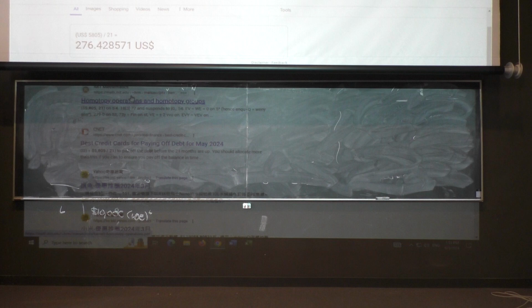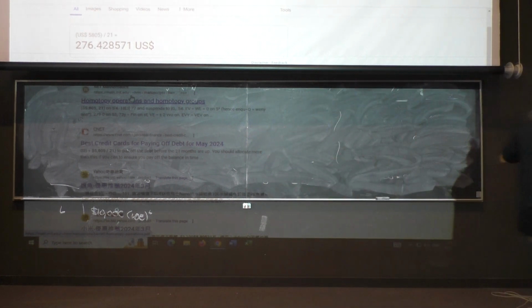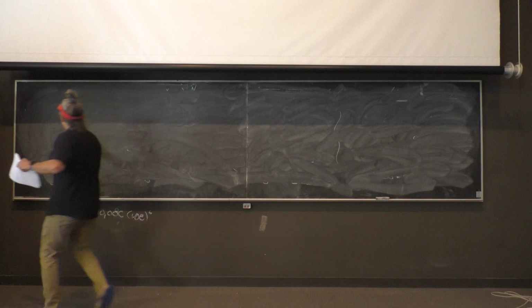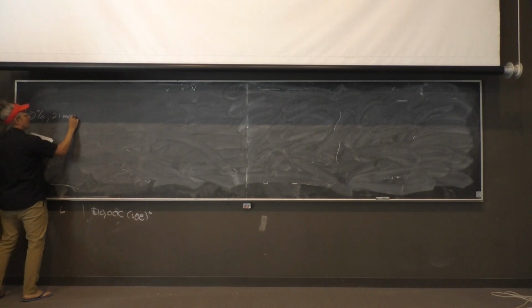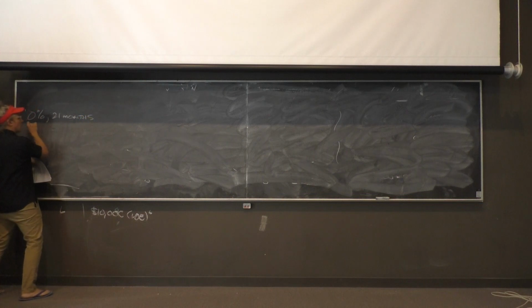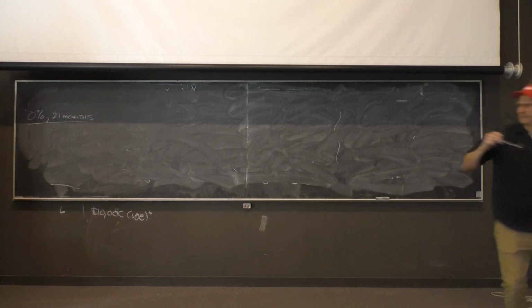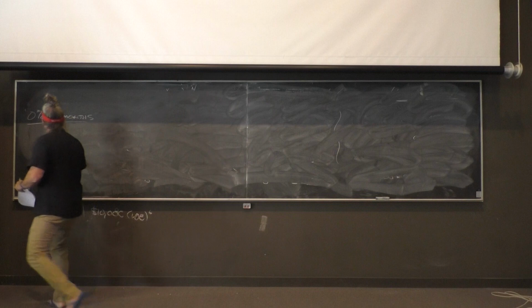So the 0%, my 0% payoff, 0%, 21 months, $276.43. Is that correct? Yes. That's 0%. This is the yellow one that we just did.